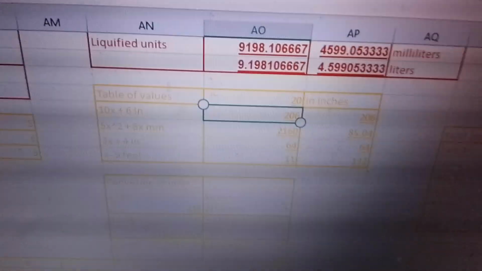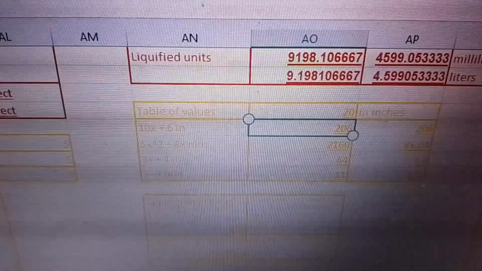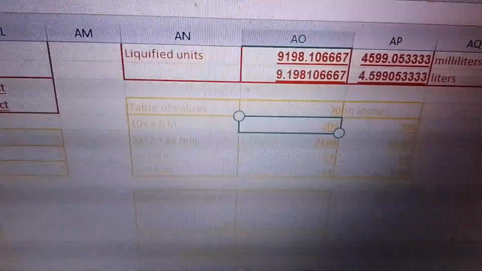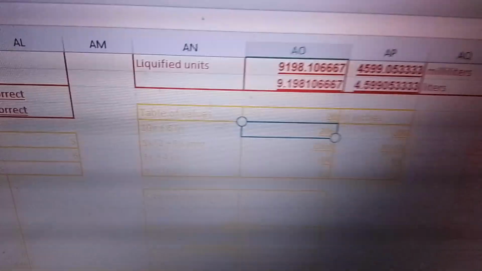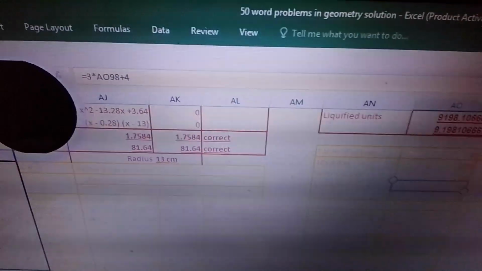For the table of values, our 10x plus 6 inches, ganito yung ginawa ko. So 10 times 20 plus 6, that's 206 inches. And then there's another face. 3x plus 4, ganito siya: 3 times 20 plus 4, which gives you 64 inches.